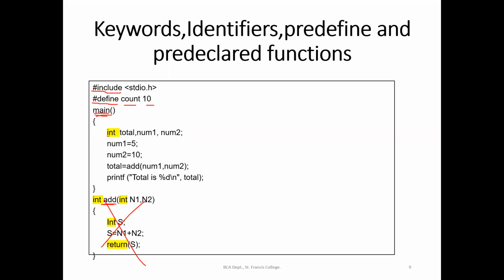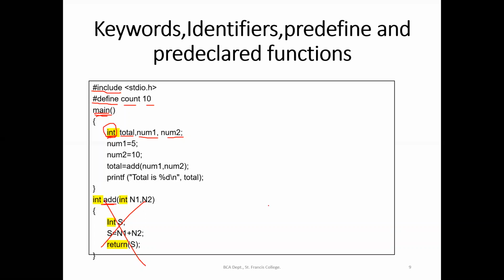So int is an example of a keyword. I am going to declare a variable called total. I am going to declare variables called num1, num2 of the data type int. Understood? So here the only word which is a keyword is int. Now total, num1, num2 are all variable names.